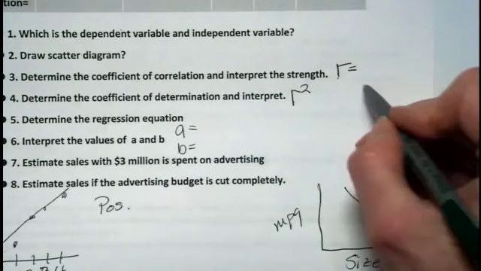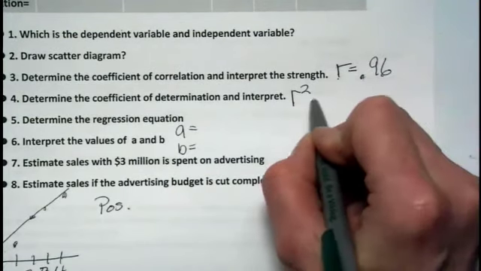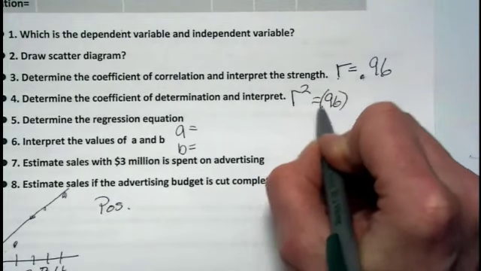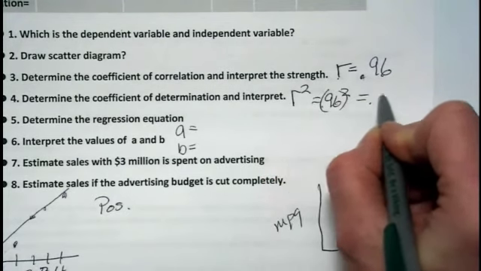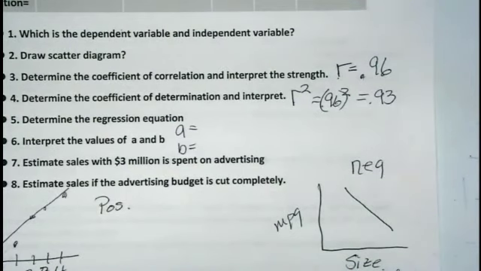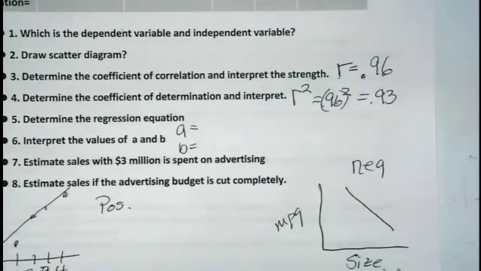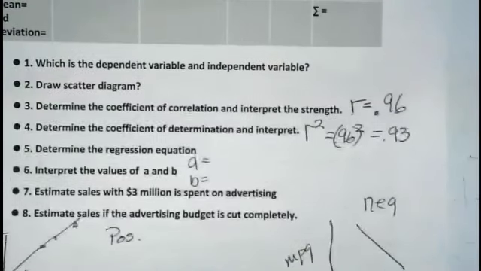Okay, so you've come back. I hope you did that. R is 0.96. R squared is 0.96 squared, or 93. Okay, what does my R tell me? If it is near 1 or -1, it means a strong correlation.